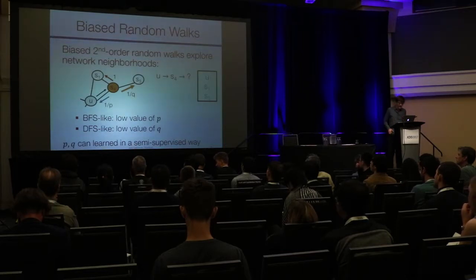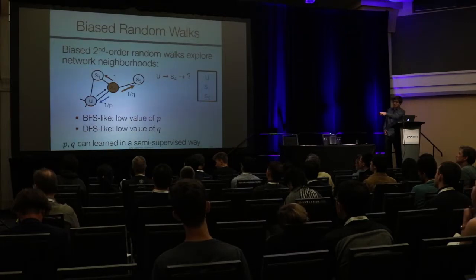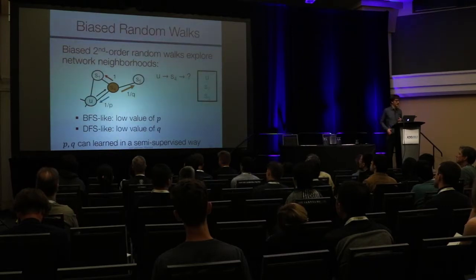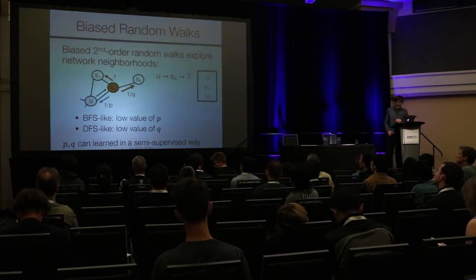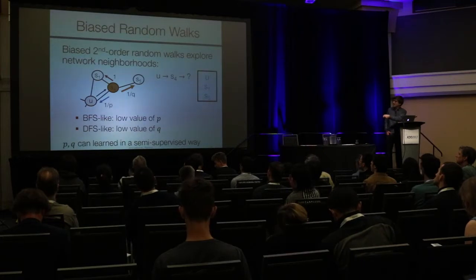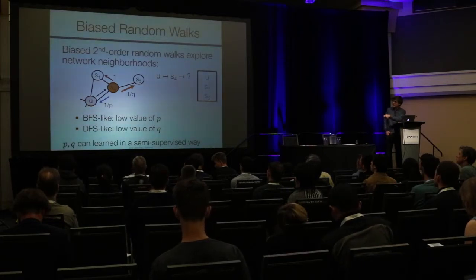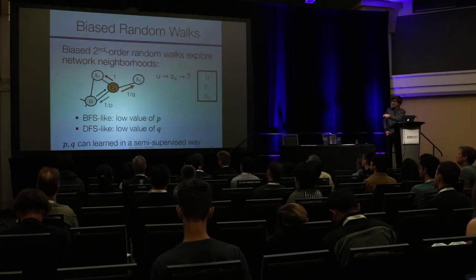Okay, and now the way I can think about it is that the random walker is here and it will flip a biased coin, and according to these probabilities, normalized of course, it will make its next step. For example, if I have a low value of p, it means I won't be returning back to where I came from, so I will either stay at the same distance from node u, or I will take a step away from it.